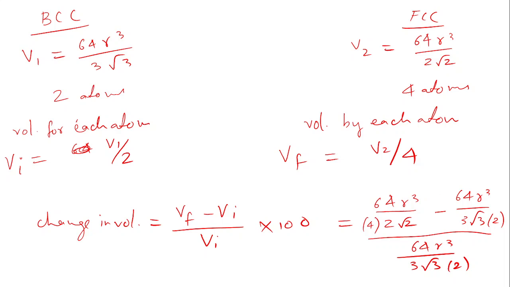When we do this maths, all the 64 will be cancelled because we have it in the numerator and denominator. All the r cube will be cancelled.